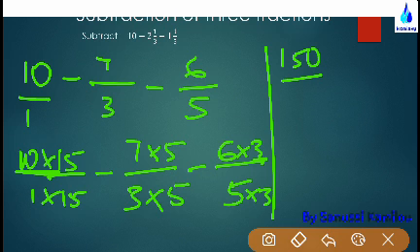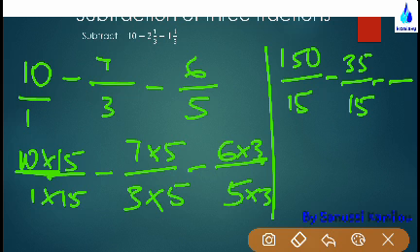You said that 10 times 15 will give us 150 over 15, minus 35 over 15, minus, we said that 6 times 3 will give us 18. So 18 over 15. Now that they all have the same denominators, we have learned how to do that.